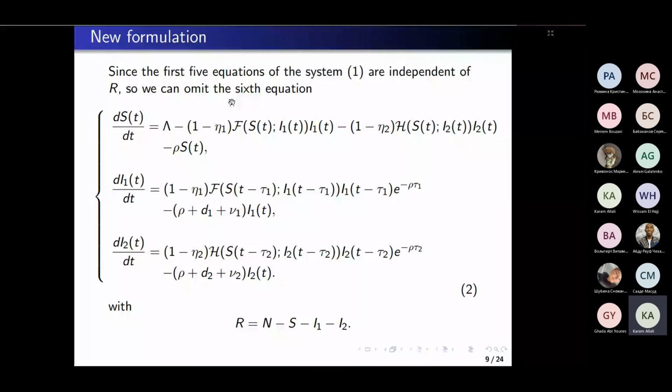As a result, we will have only the first three equations, which means that we will study only S, I1 and I2. And here we can easily have the formula of R by N minus S minus I1 minus I2.